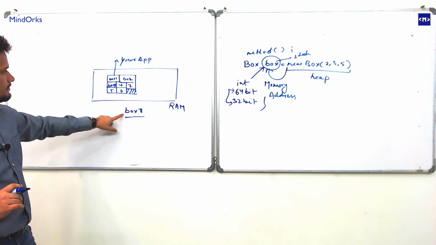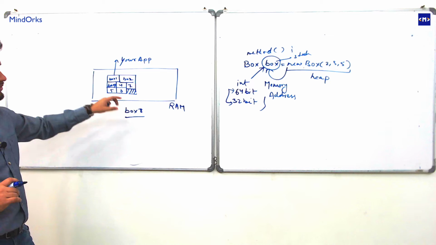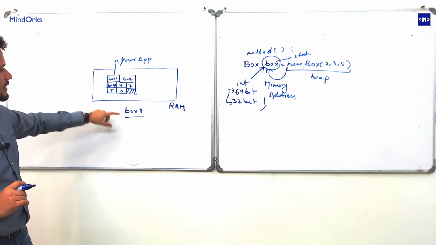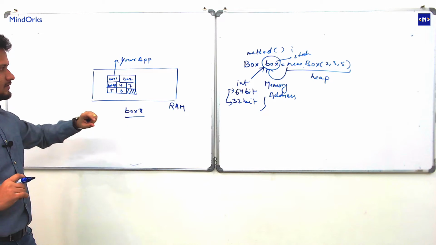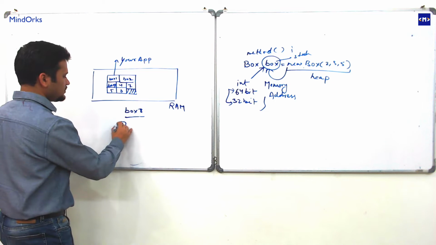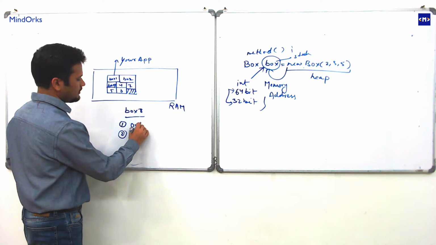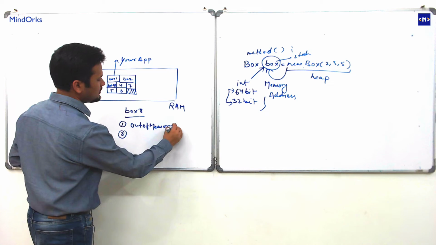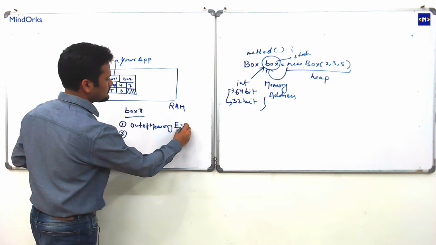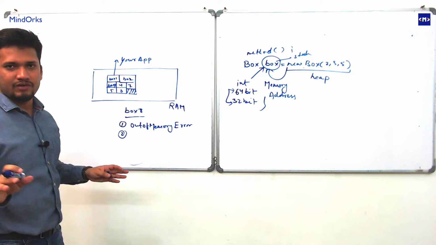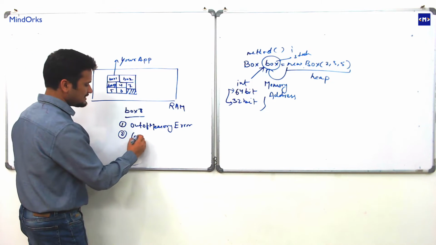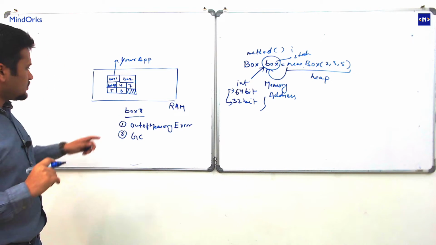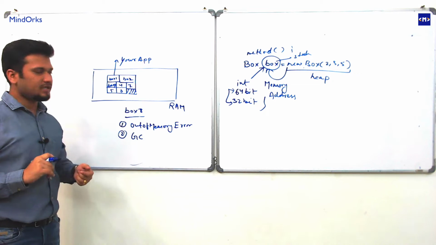Then what will happen? How will you be able to create your box? There will be two scenarios: either the system will throw an out of memory error and your application will crash, or GC will run. So we will understand both of these scenarios.